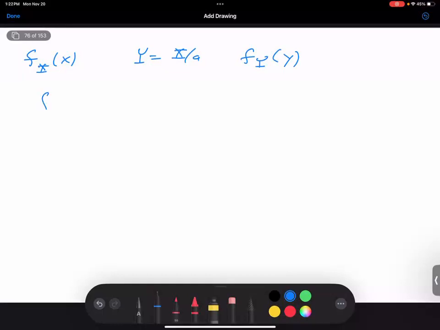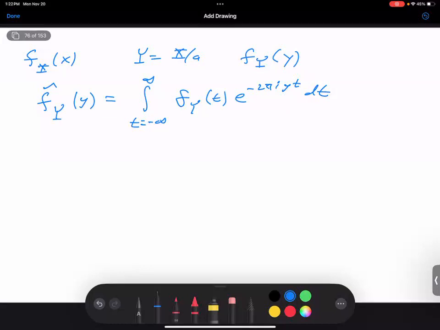If I want to calculate the Fourier transform of fy at some input y, this is just going to be the integral, I'll use t, from minus infinity to infinity of fy of t e to the negative 2 pi i y t dt. Is everybody fine with this as my definition? That's just the definition of the Fourier transform.